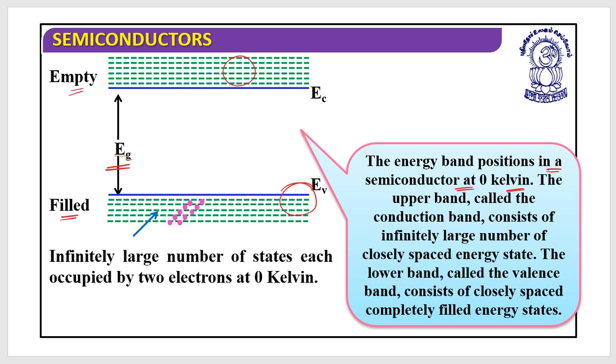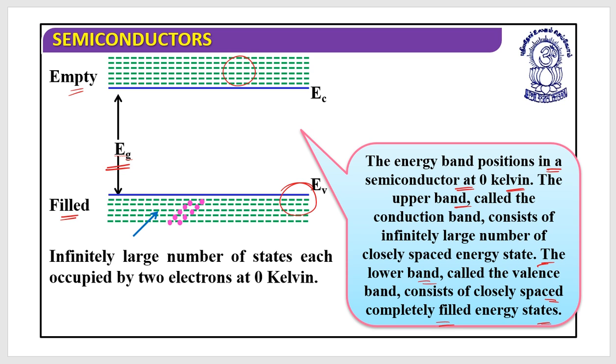The upper band, the conduction band, consists of an infinitely large number of closely spaced energy states, and the lower band, the valence band, consists of closely spaced, completely filled energy states when we discuss semiconductors at 0 Kelvin. I hope this is clear.